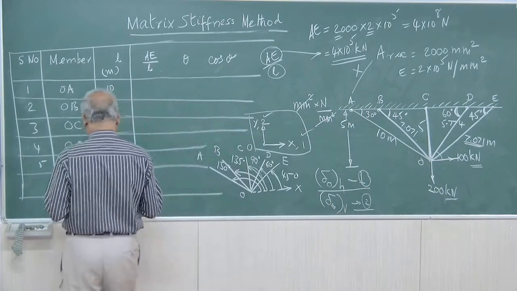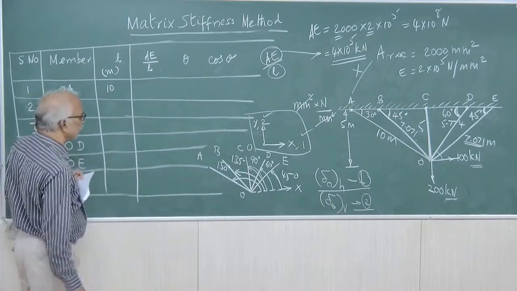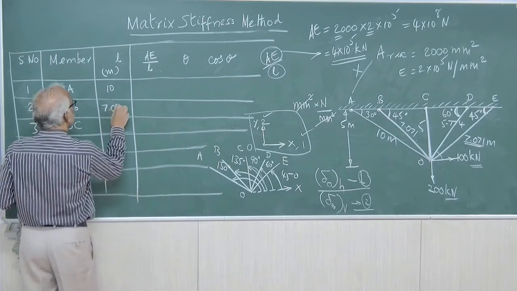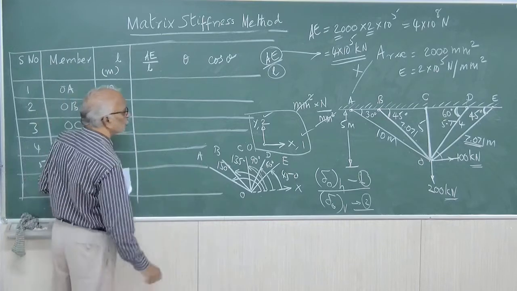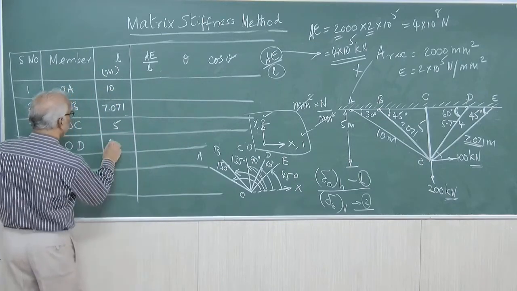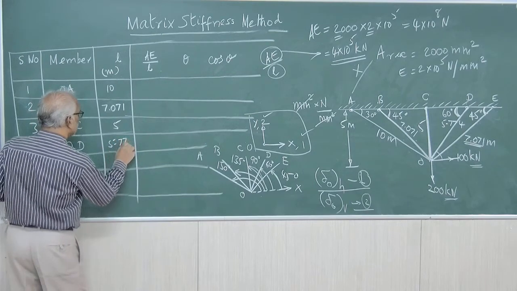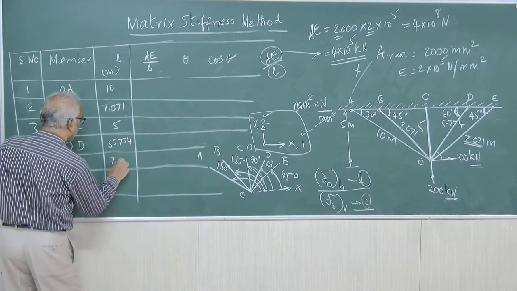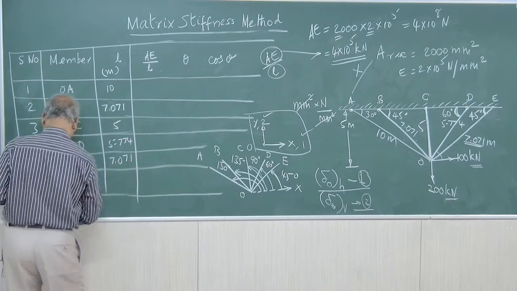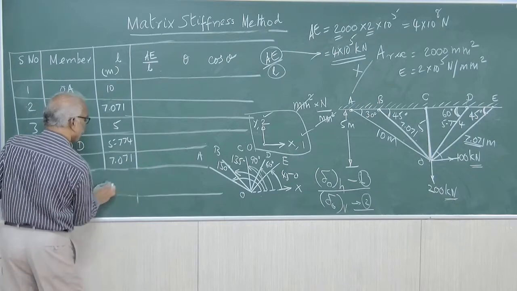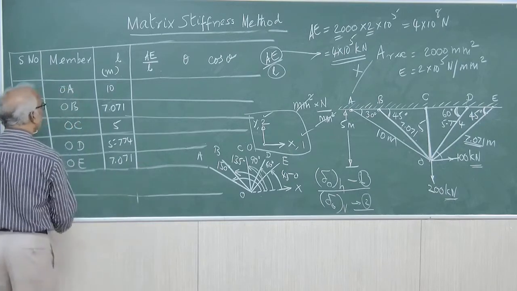So, a small mistake in writing. For OB it is 7.071, for OC it is 5 meters, for OD it is 5.774, and this is 7.071. These are the values.